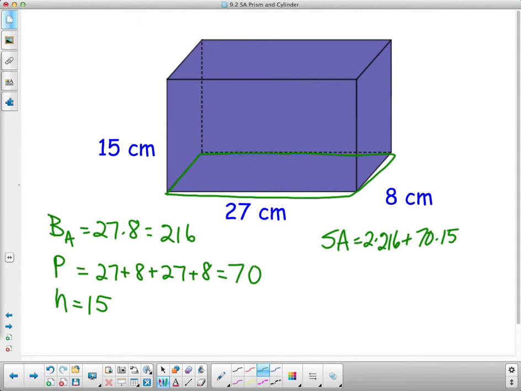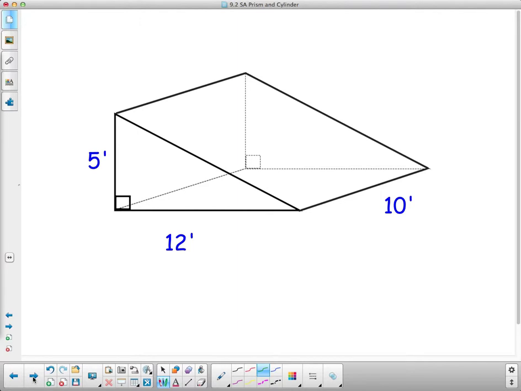Ready for the final number? 1,400. Correct. Square centimeters. That's what I got. Okay, question on that one? Shush. All right, let's do this next one.